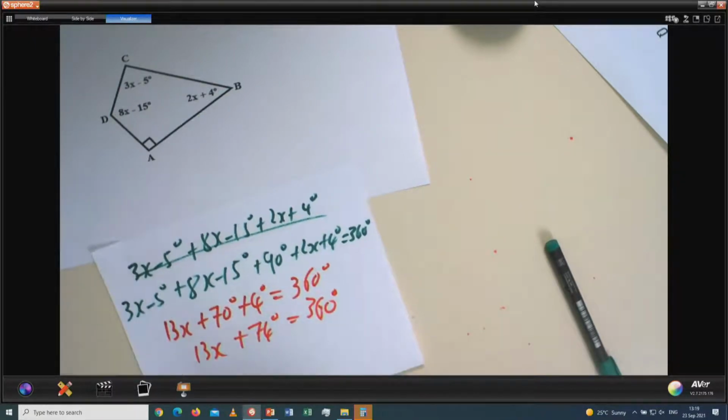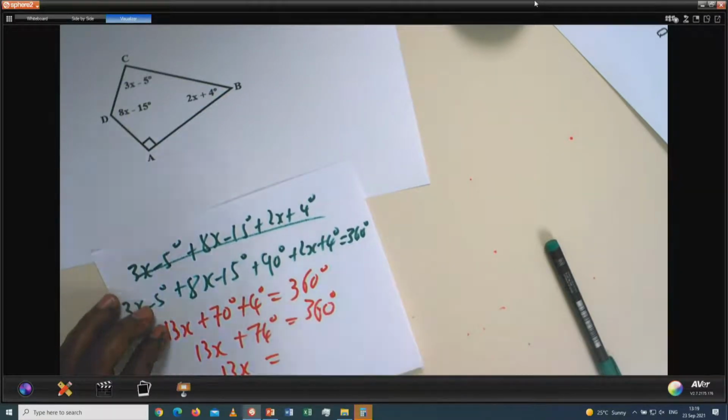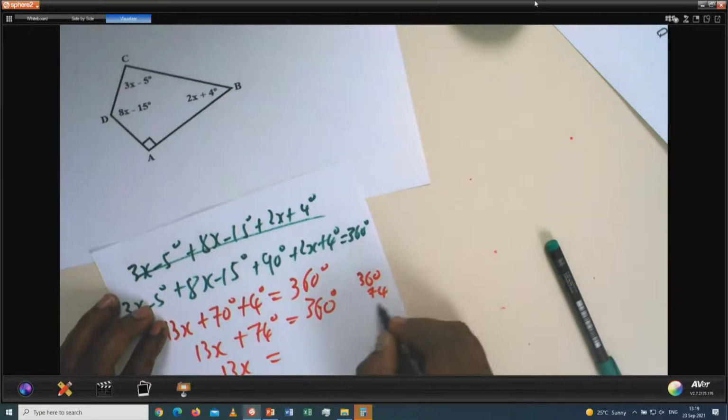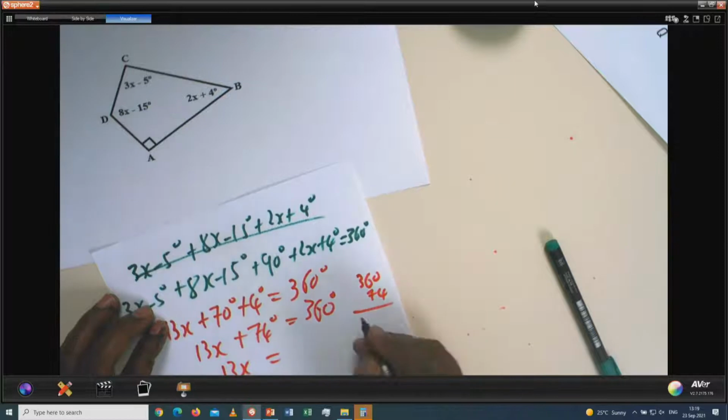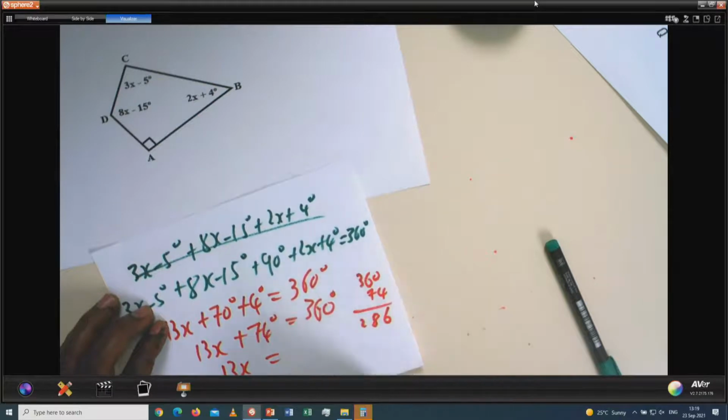Therefore, doing this question over and over, you are revising your equations, you are revising your like terms, you are applying your knowledge of mathematics, which makes life easier. 13x equals 360 minus 74, which is 286 degrees.